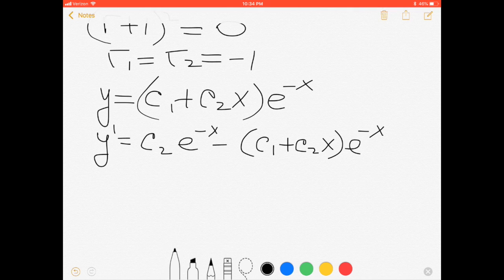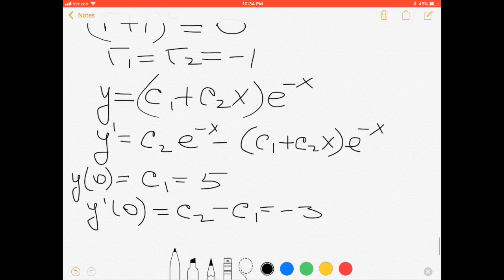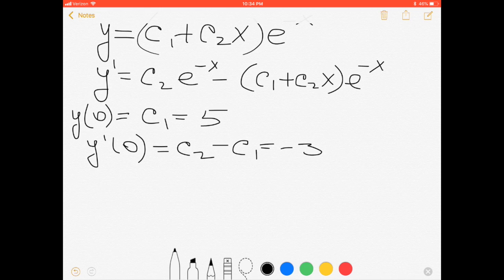Plugging in our initial point, y of 0 equals exactly c1 and needs to be equal to 5. Y prime of 0 equals c2 minus c1 and needs to be equal to -3. Plugging in, I have c2 equals 2.